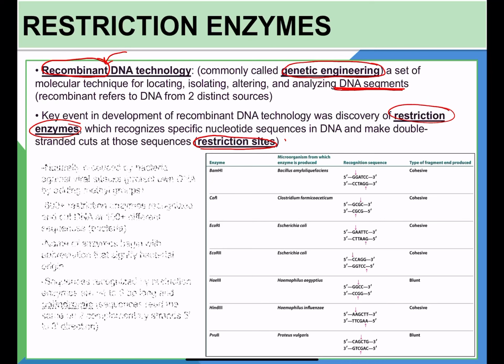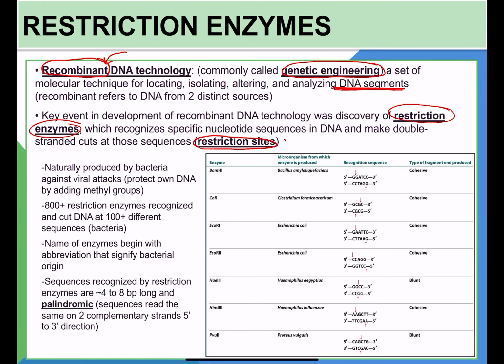Now, just like how the CRISPR-Cas system was discovered, restriction enzymes were discovered the same way. The reason why bacteria have these restriction enzymes was, again, that they defend themselves from viral attacks, just like the CRISPR-Cas9 system, and they would use restriction enzymes to cut up the viral DNA if the virus tries to insert its genomic information into the bacteria.